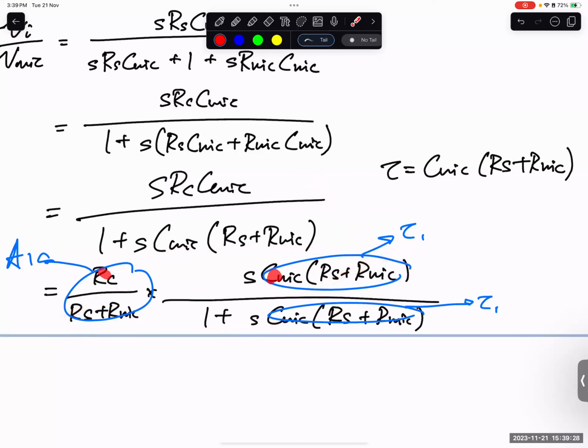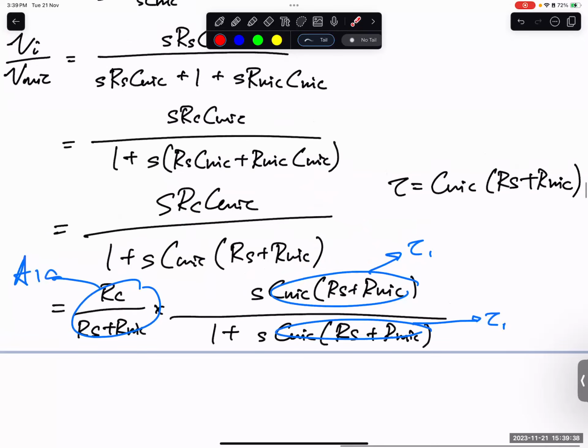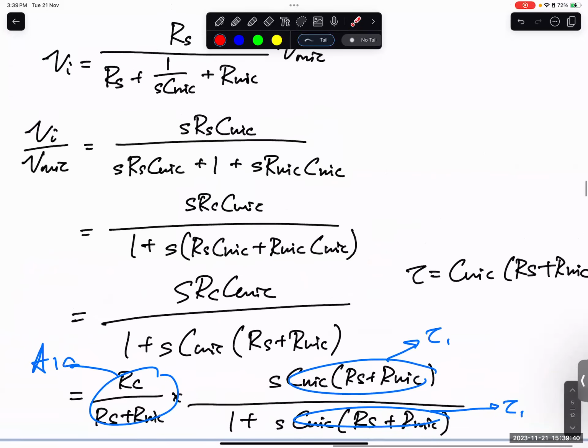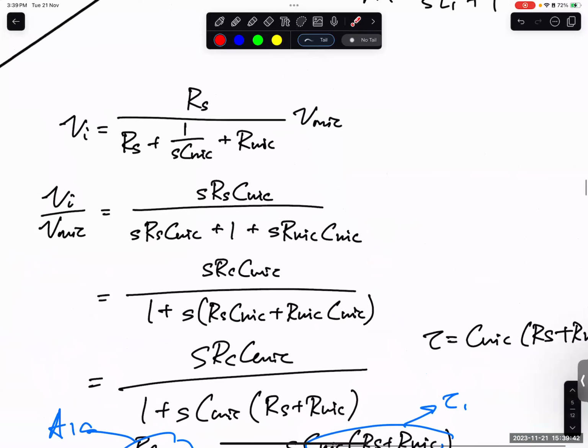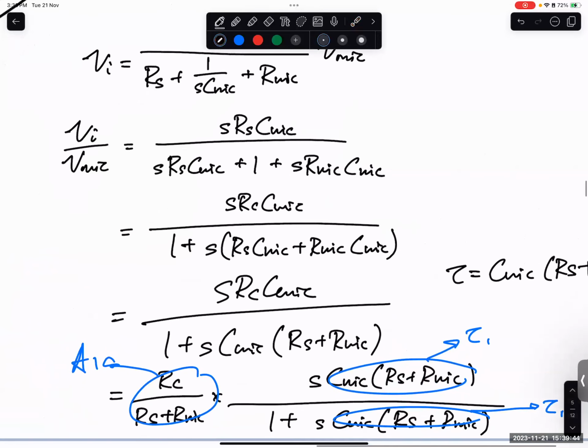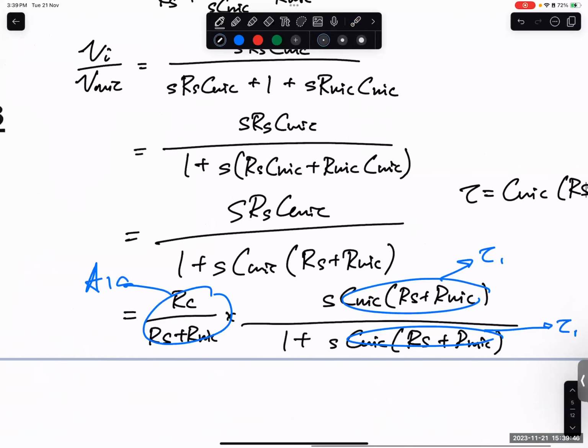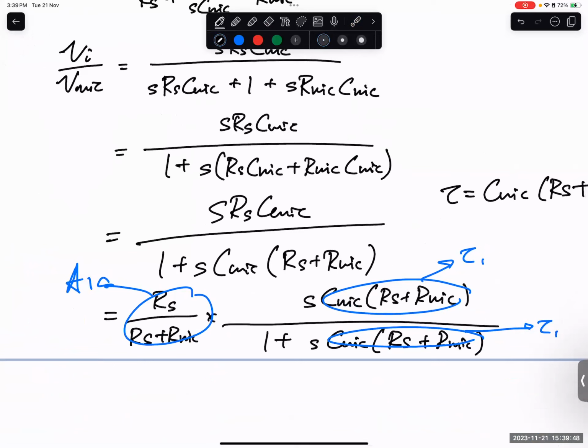Then R_S times this one. Where does R_S come from? This one comes from here. But there's no R_S in the first equation. Wait. Oh, I typed it wrongly. It's just writing. Yeah, good.